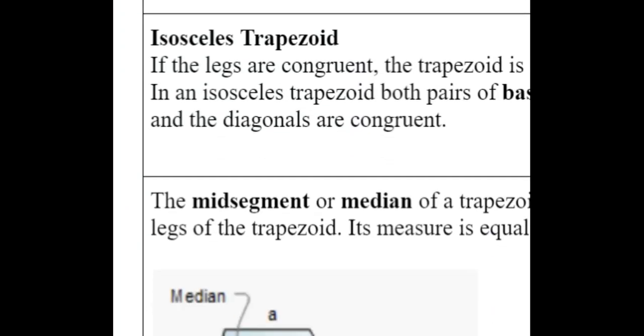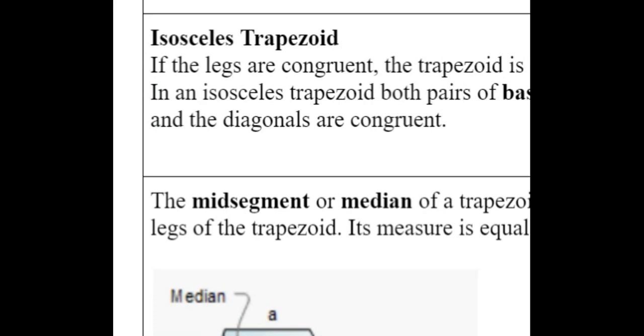What is an isosceles trapezoid? In an isosceles trapezoid, the two legs are congruent. So that's one property of an isosceles trapezoid. Another property is that the base angles, in other words, the two angles at the base, are congruent.